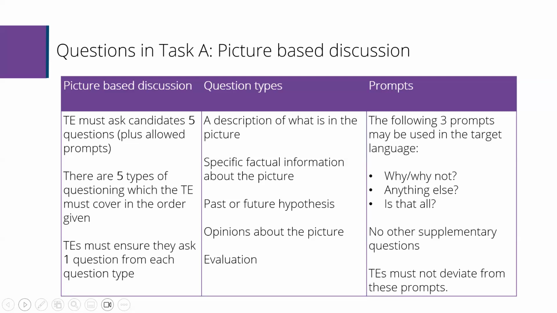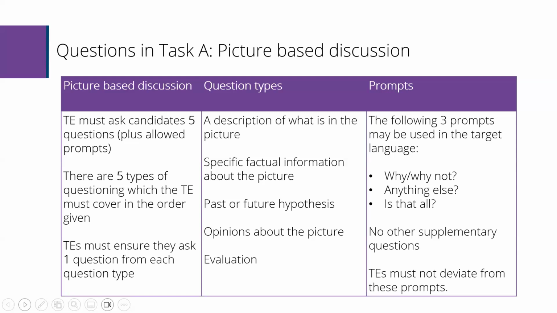Where did they go? Where have they been? And where will they go next? Okay. What happened before this picture, or what's going to happen after this picture? Okay, so it's a past or future hypothesis the candidate is expected to respond to, but just one or the other. We don't need to do both.